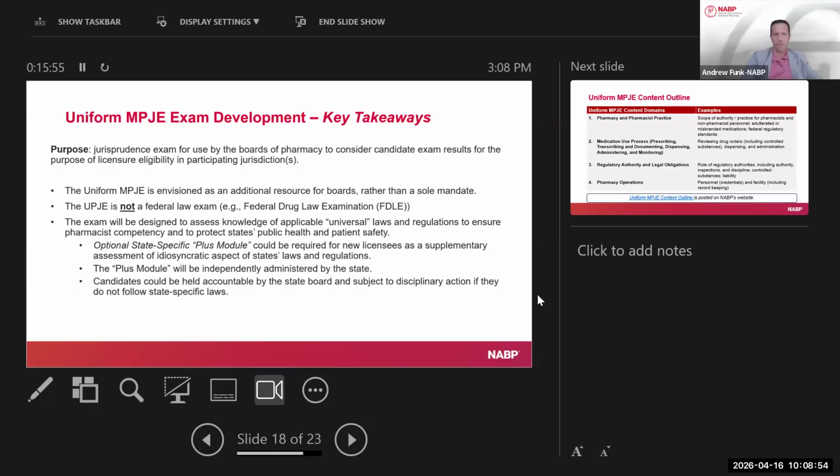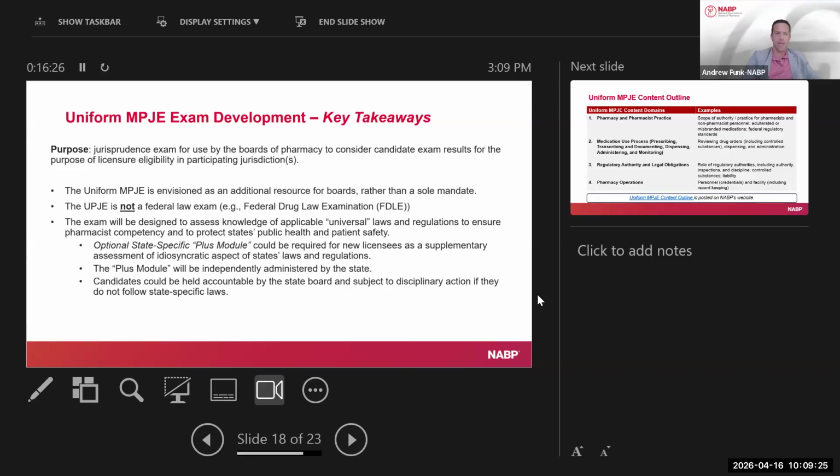But it also will cover state-specific laws that are conceptually the same across the practice of pharmacy, regardless of where you're at. So these are kind of universal laws, universal regulations, and it is used to determine whether or not that pharmacist can practice competently from a jurisprudence standpoint.